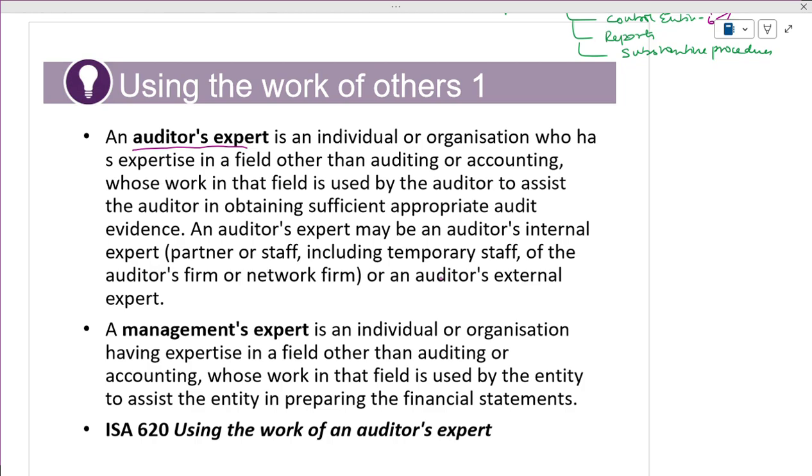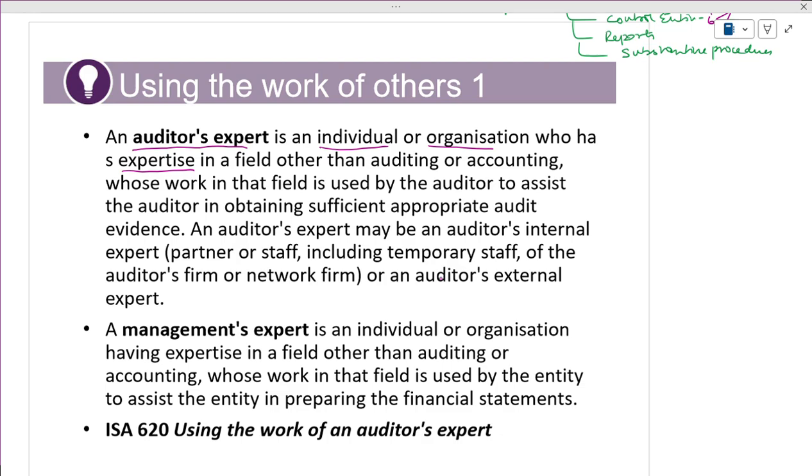An auditor can take the help of an expert. The expert is an individual or organization who has some expertise. For example, I'm doing an audit and I don't know things with respect to bank regulation.